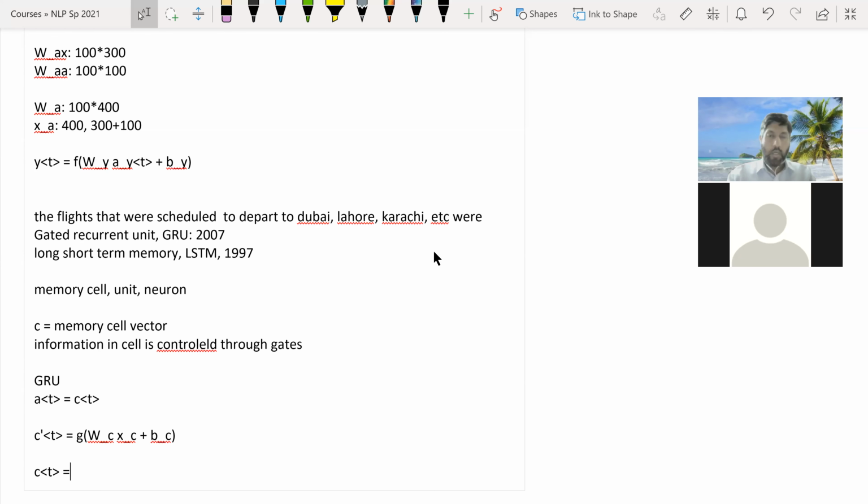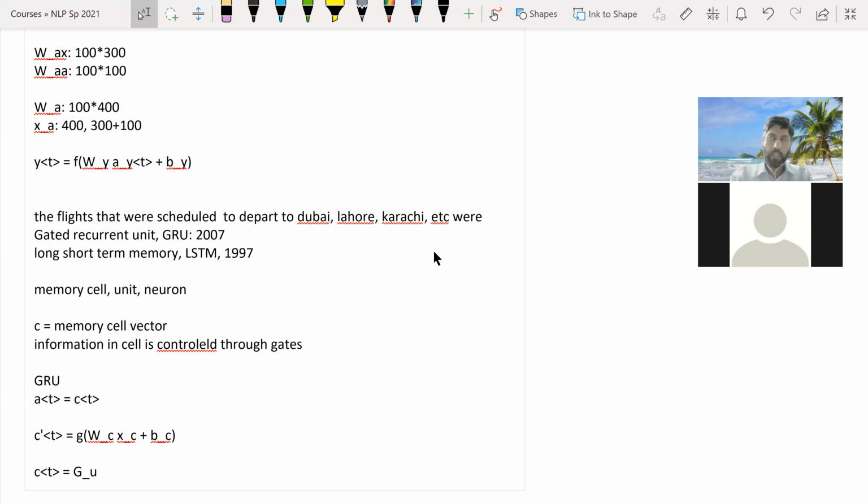So the output now would then be based on gating of this candidate as well as the information from the previous time step. So what is that? Let me write it first and then I'll explain it to you. So we have a vector gamma, I'll just use G, G U, which we call the update gate.